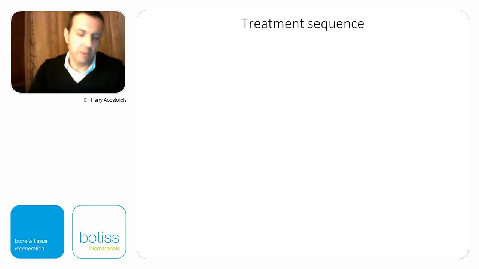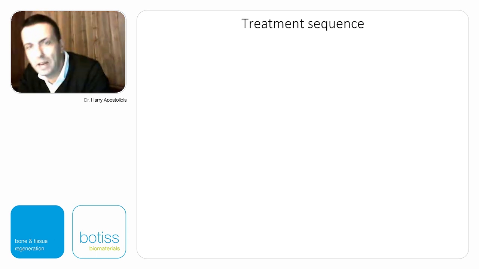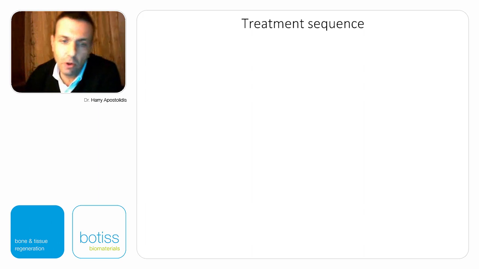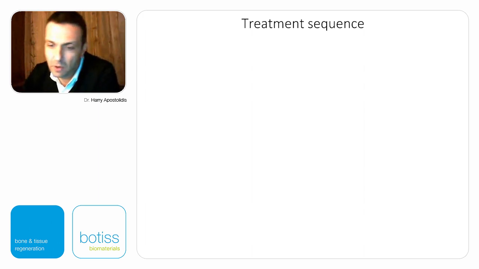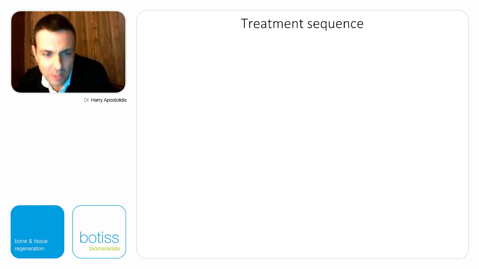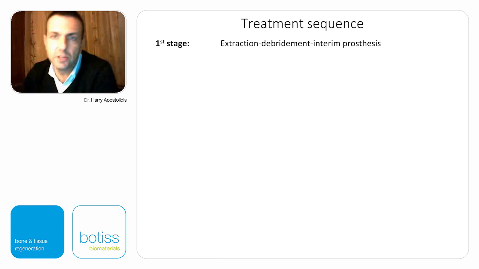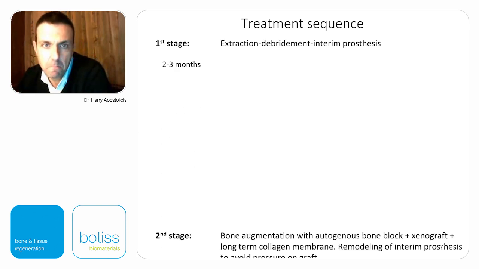So if you ask me what's my treatment sequence in dealing with big cases like that, I try not to do all the magic things at once. I try to go one step at a time. So first stage, we just do the extractions, the debridement of any infected tissue, and we manufacture an interim prosthesis for the patient.